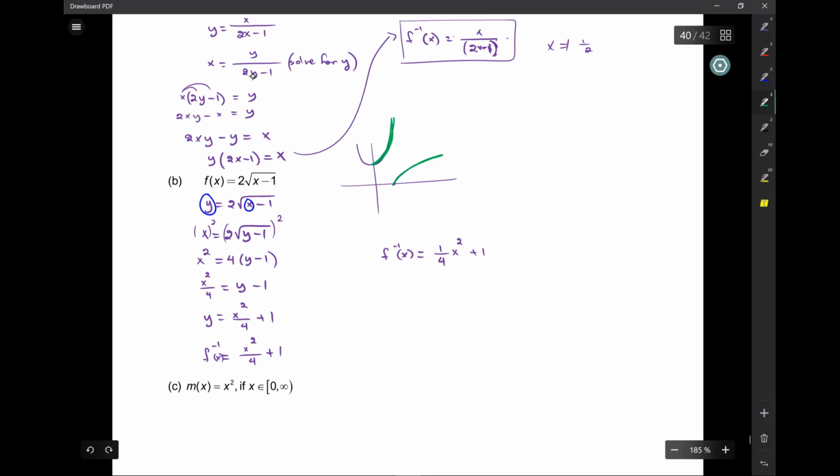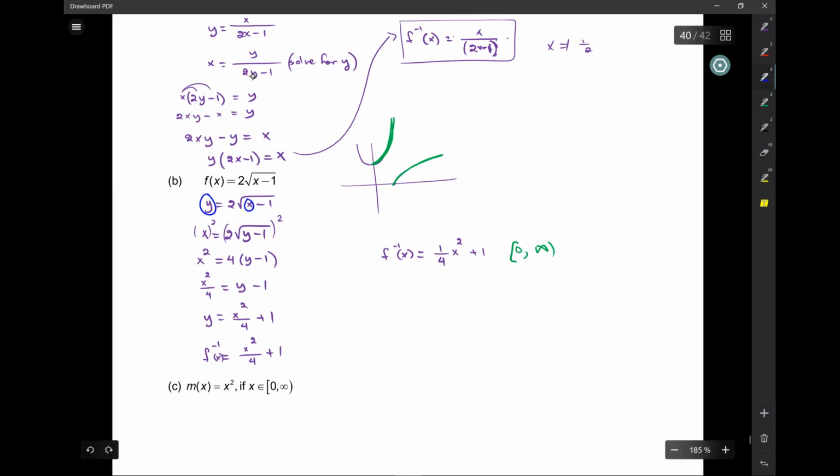So what would be the domain of that inverse so that we only take the part on the right? What should the domain be? Correct. Remember, we always use interval notation, 0 to infinity. That way we only take the right-hand side.